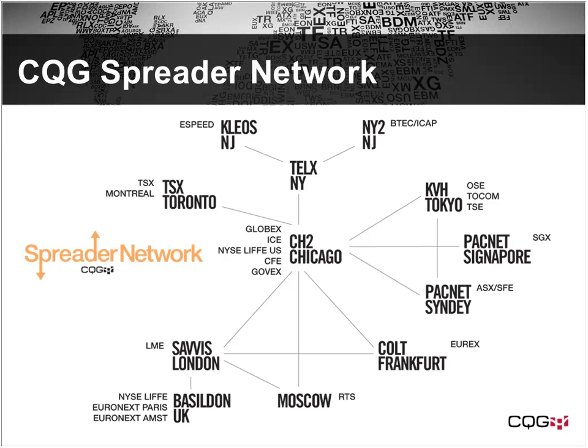So that gives you an understanding of the infrastructure and the global reach of our fully hosted solution. Now, we manage all these aspects for you so that you can just focus on trading.